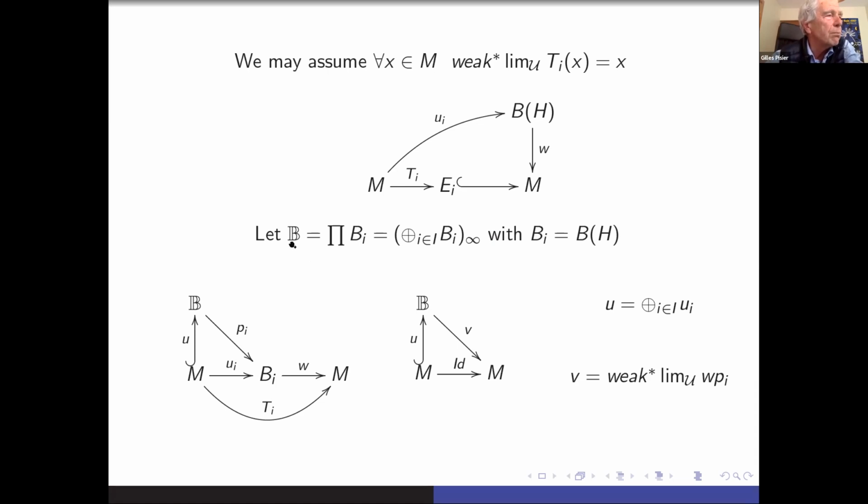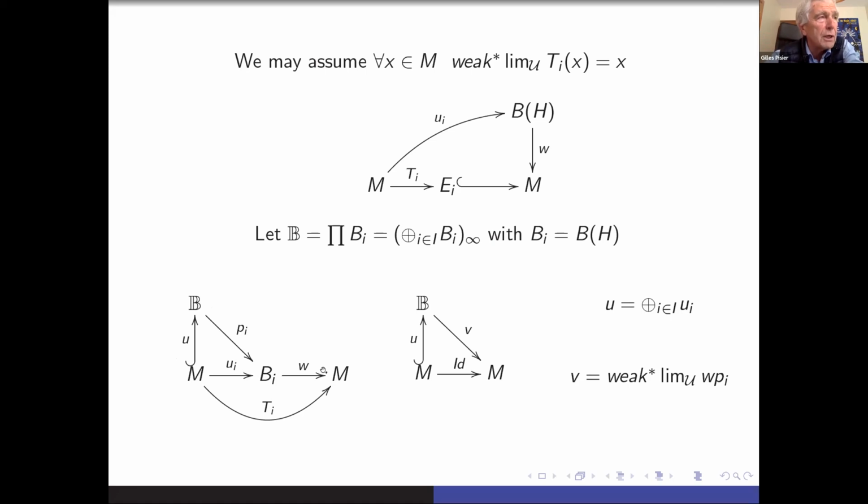So let's call this boldface B. Now M will be embedded into this boldface B by means of a normal map U, which is very simple, which is the direct sum of all these maps Ui that we built out of lifting of these finite ranks. Pi is just the ith coordinate.